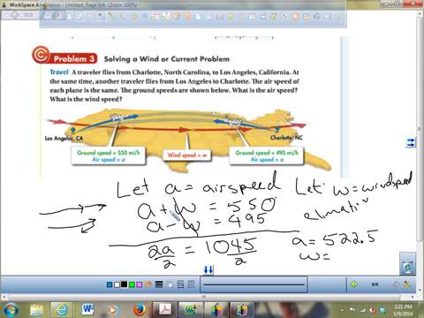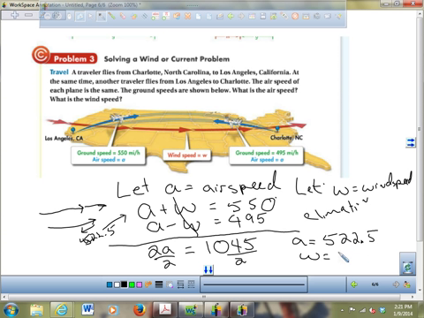What's W? How would I find W? You would take the A that you just found and plug it back in. So 522.5 goes in there, and I'm going to subtract, so W equals 550 minus 522.5.